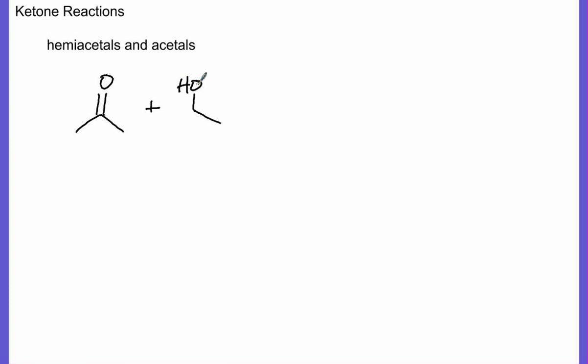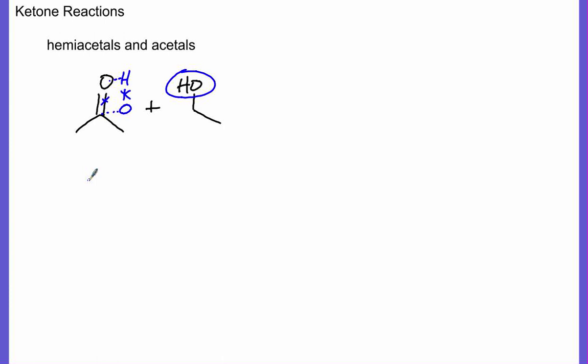Remember, all that really happens here is, and you don't need to draw this in your notes again, it's just to give you an idea, that hydroxyl group that I have right here is actually going to line up like this so that I can rotate some electrons around to make some new bonds, because I want to make a bond here and here by breaking this bond and this bond.